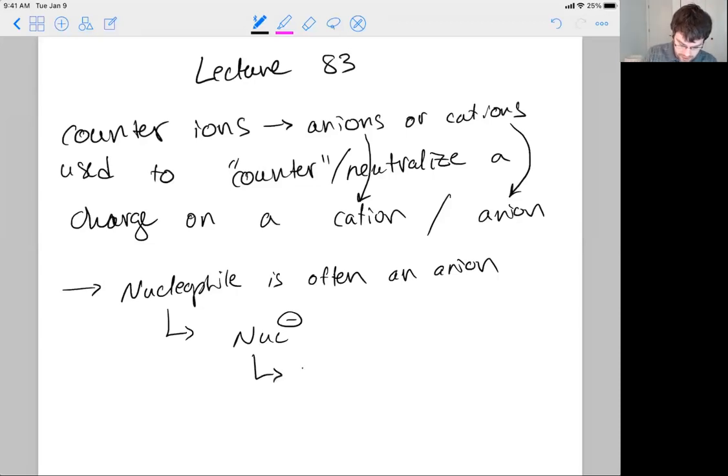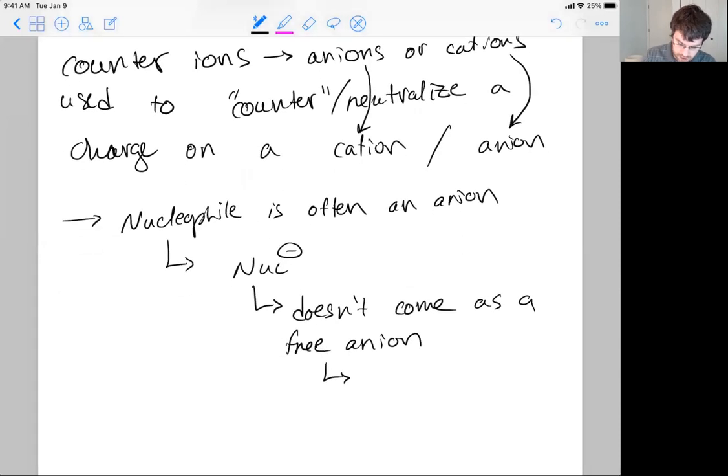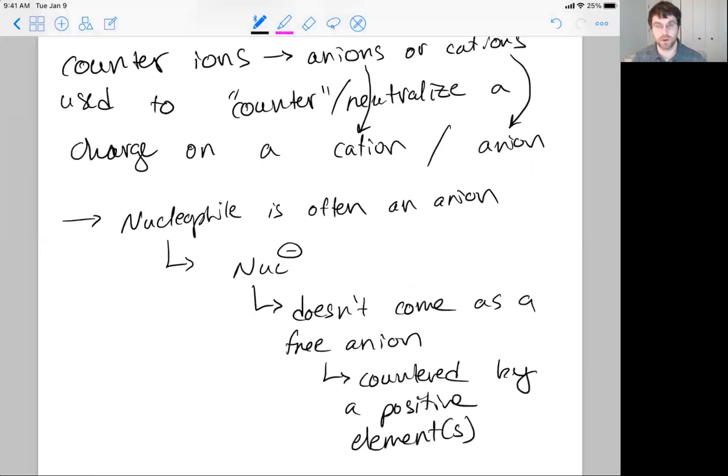So it doesn't come as a free anion, okay? Instead, it's countered by a positive element, and it could be multiple elements.